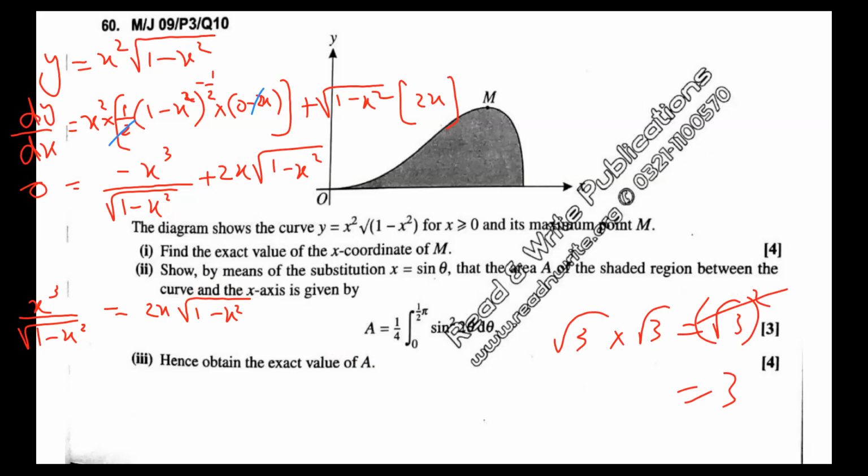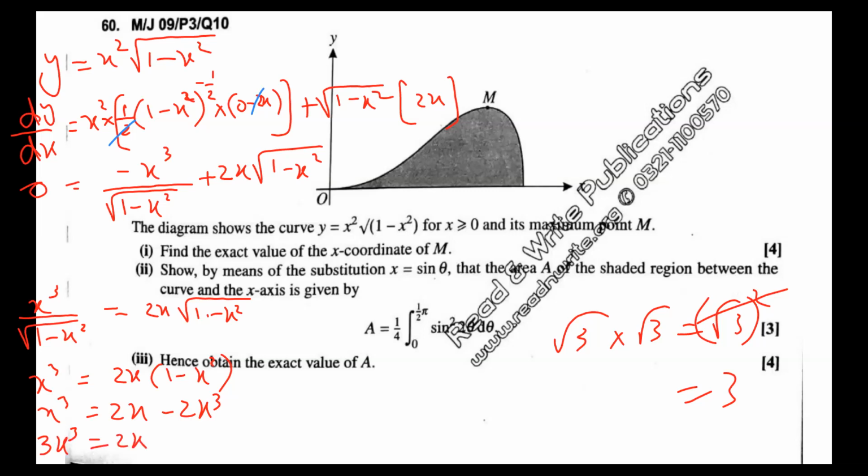And after this, what is the next plan? So x cube is equal to 2x times (1 minus x square). Now 2x multiplies inside, so x cube is equal to 2x minus 2x to power 3. So this goes to the other side and becomes 3x to power 3 equals 2x.